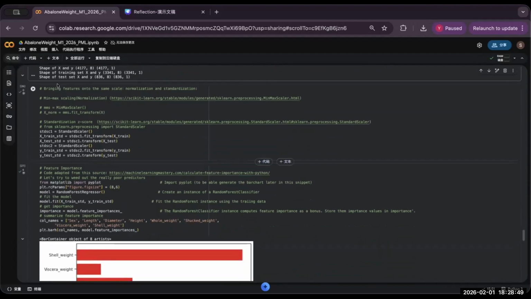And then we take care of the correlation and some outlier problems by doing standardization. This means that we want to treat each feature fairly by putting them into the same dimension or the same standard to weigh their importance against each other.